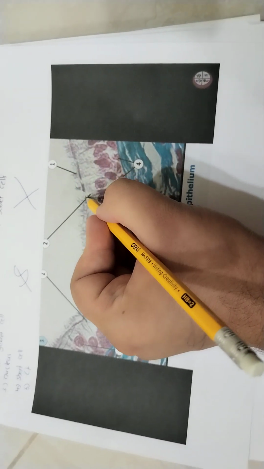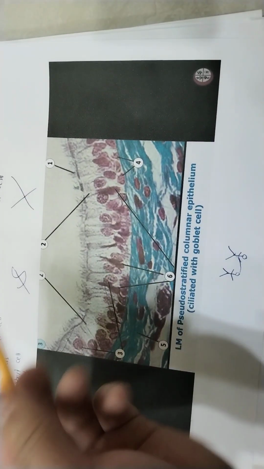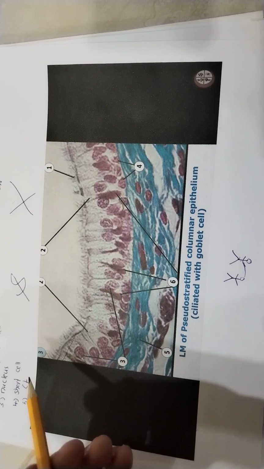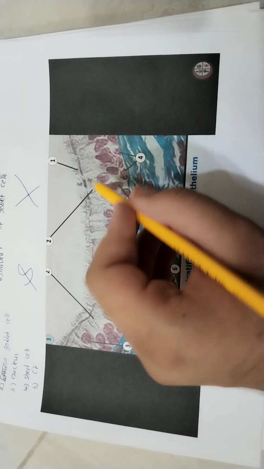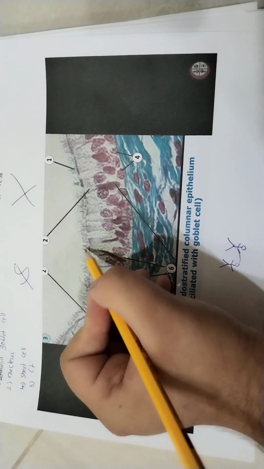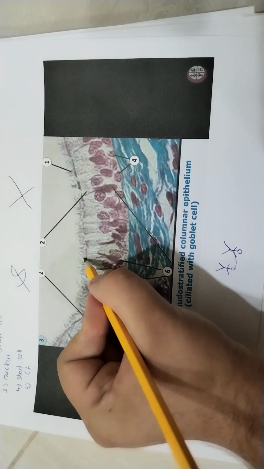As you see here, the cilia are found on the top of the epithelial cells. I will explain the difference between the cilia and microvilli. So it's found mostly in the respiratory system, okay? Remember this note, the cilia is found in the respiratory system, and it's longer than microvilli, okay?